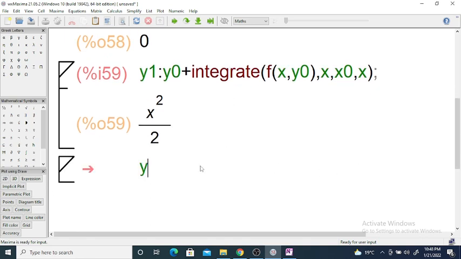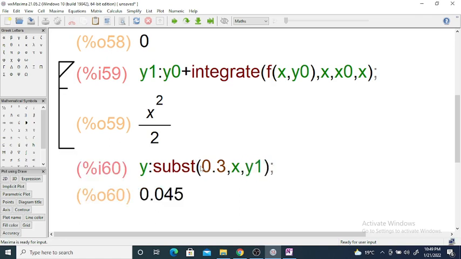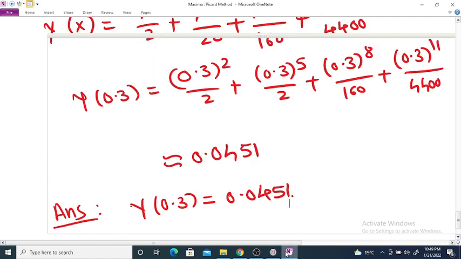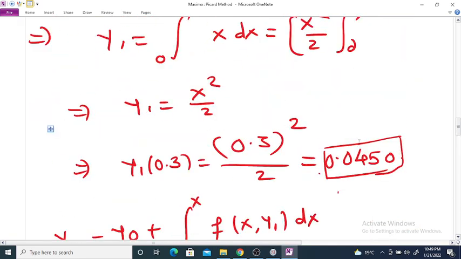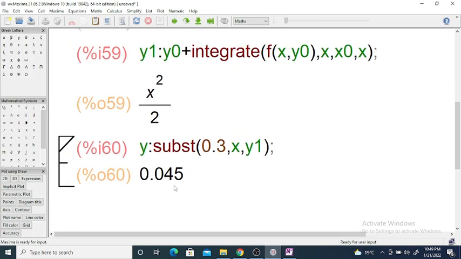Now I want to substitute 0.3 for x in y1. Now you can see here it is 0.045. So the first iteration is 0.045, and in Maxima also the first iteration is 0.045.